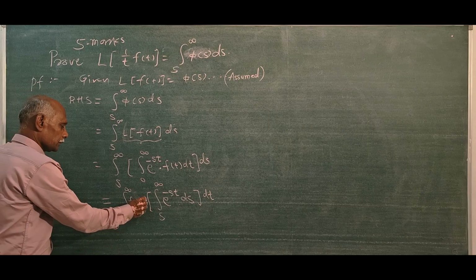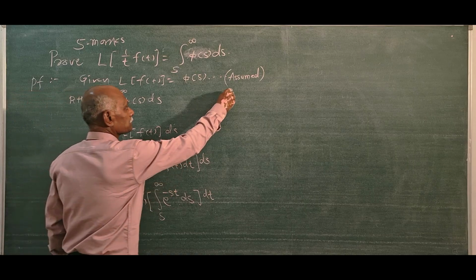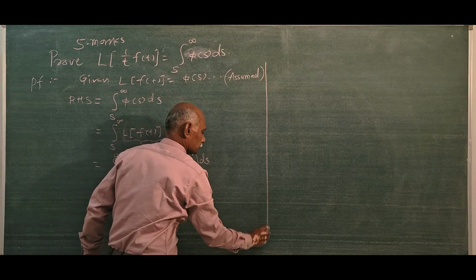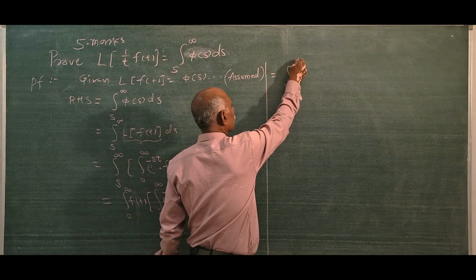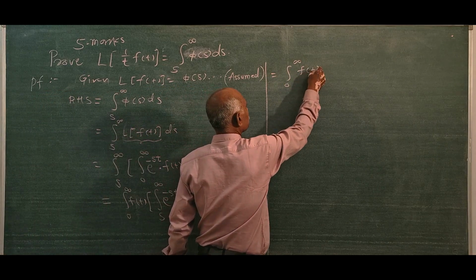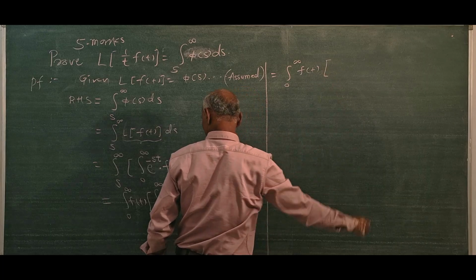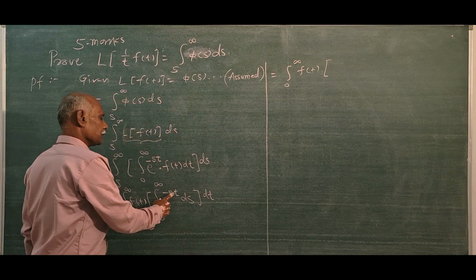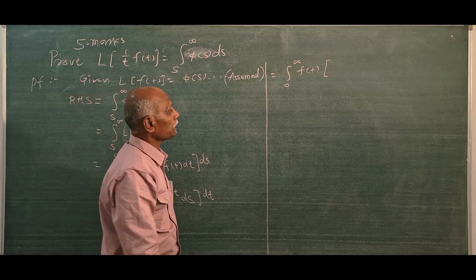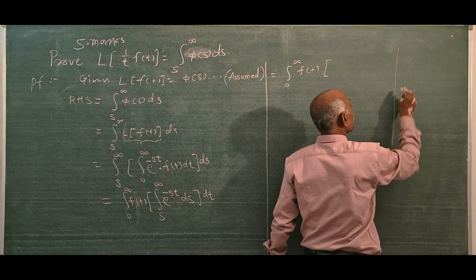Okay. So this can be written as integration from 0 to infinity f of t, and then we integrate this. Integration of e raised to minus st with respect to s. Try to understand this integral. It's very simple.